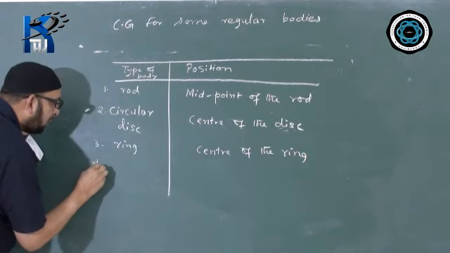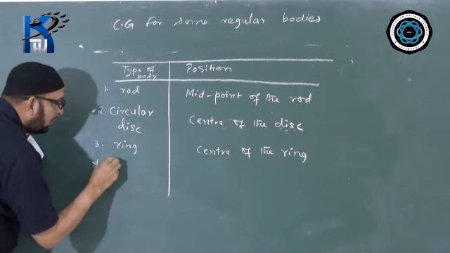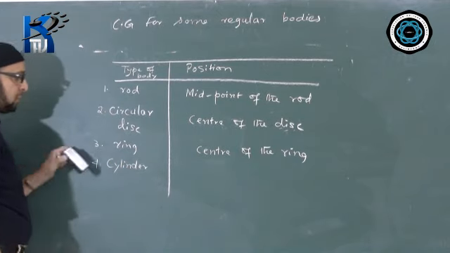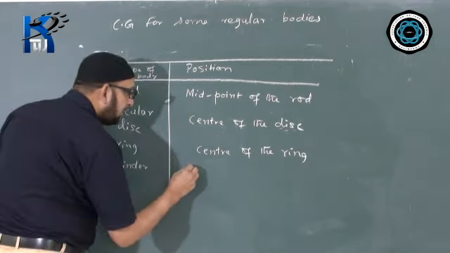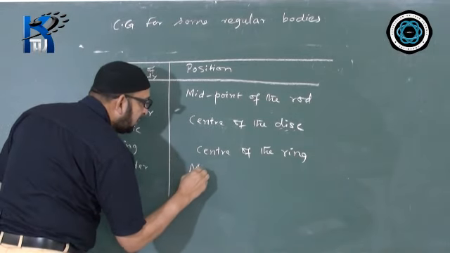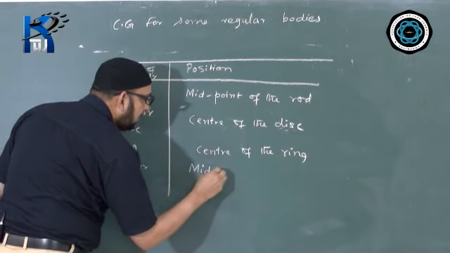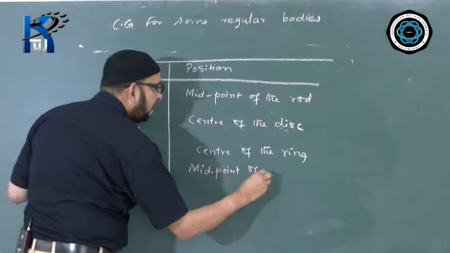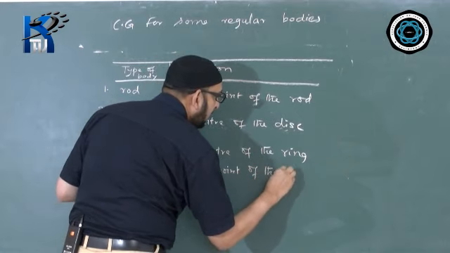If we are having a body in the form of a cylinder, either hollow or solid, the CG will be situated at the midpoint of the axis of the cylinder.